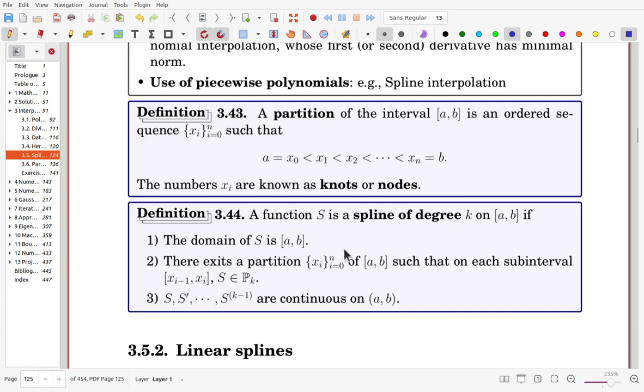That's the reason we say a spline of degree k. So it's a piecewise polynomial. Now, the third condition is that the function itself and its derivatives up to the (k minus 1)th derivative are continuous over the interval.